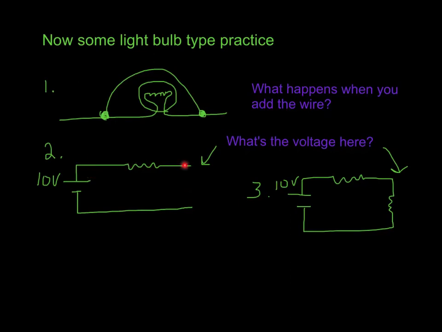There's no current flowing through it. It's just a piece of semiconductive material, or material that isn't purely conductive. You're going to have 10 volts right there with respect to ground. So this is almost kind of silly, right? What happens if you put a voltmeter right here? You'll read 10 volts. You basically have an open circuit.